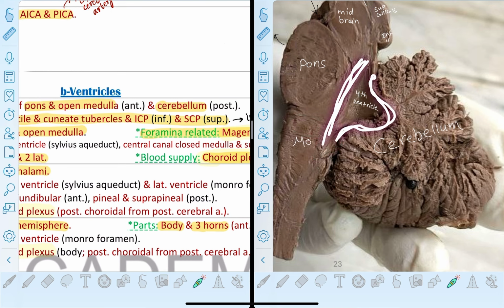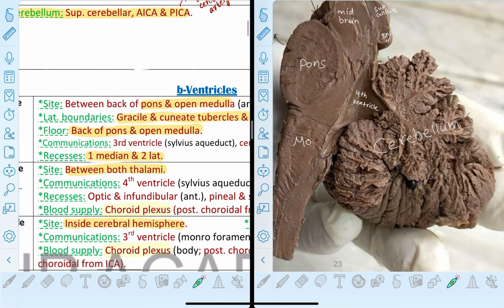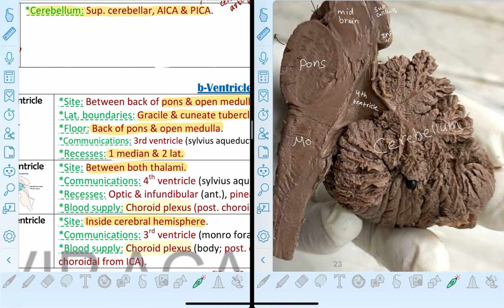So anteriorly there is medulla and pons, and posteriorly there is cerebellum. Site we know, very easy. The easiest thing they can ask is the site.